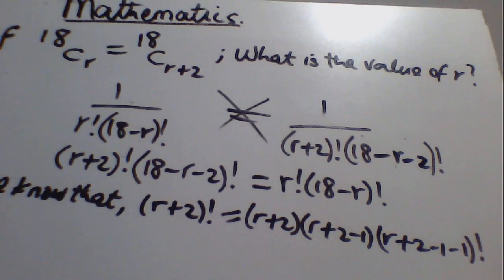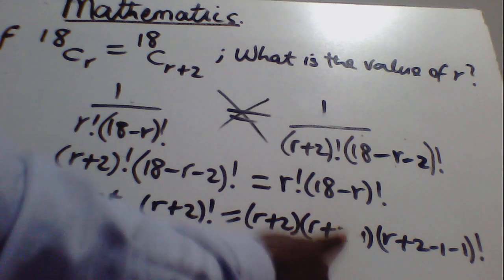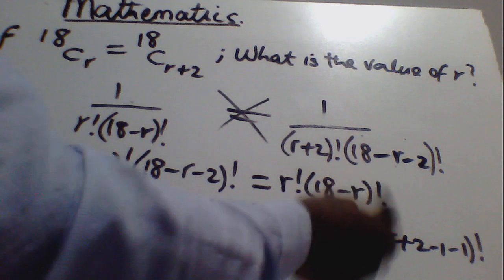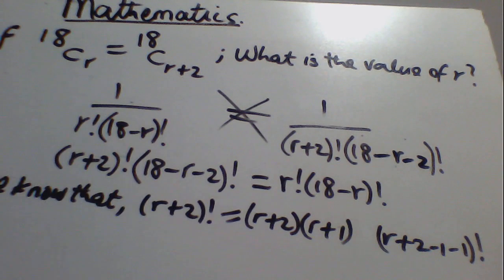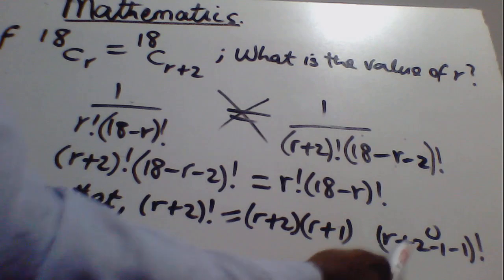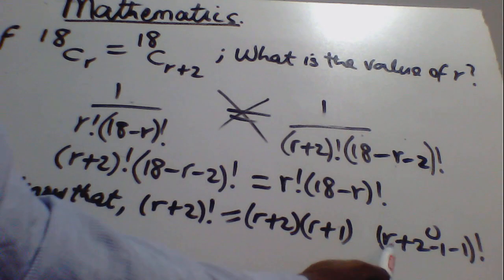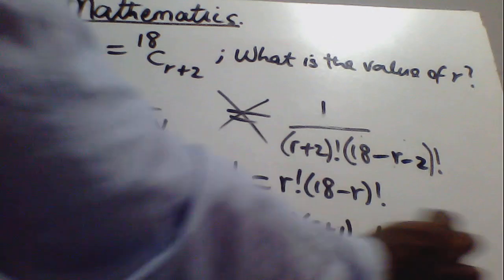So that 2 minus 1 will give us 1. We write 1 here. Plus 2 minus 1 will give us 0. So 1 plus R plus 0 is R. So this gives us R factorial.